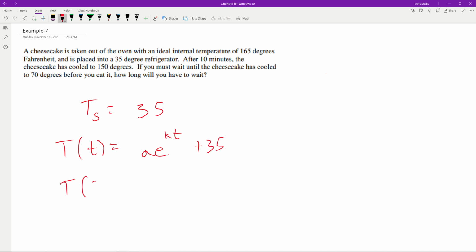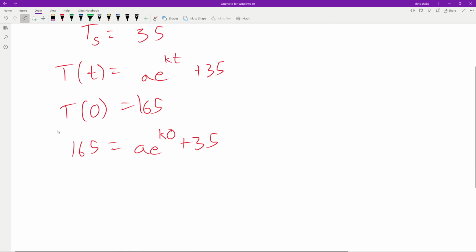I then know that T of 0 is 165, meaning that 165 is equal to A times e to the k0 plus 35. This just becomes A because e to the 0th is 1, so 165 is equal to A plus 35. Subtracting 35 from both sides, I get A is 130.